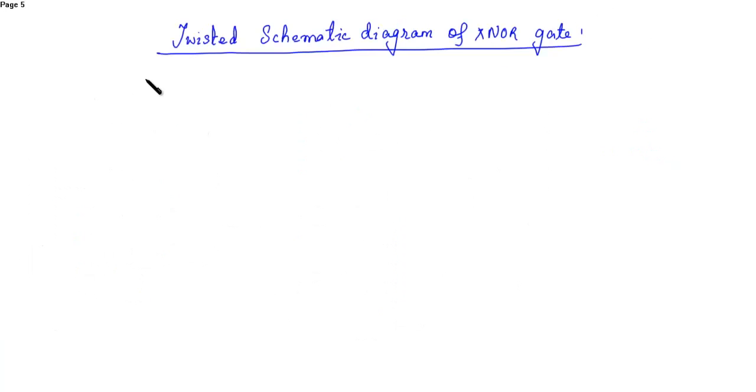So now let's see the twisted schematic diagram of an XNOR gate. As we all know, the twisted schematic diagram of the XNOR gate will have 4 PMOS twisted, 4 NMOS twisted. So draw that first. This is PMOS 1. This is PMOS 2.